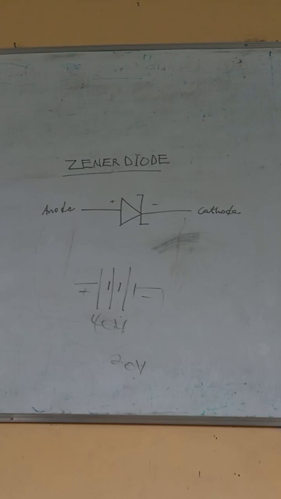Do we have some equipment that requires constant voltage? For the circuit design of such equipment, we need this type of diode so that we have constant voltage, such as for our speaker. Our speaker requires constant voltage so that it gives us the required output.